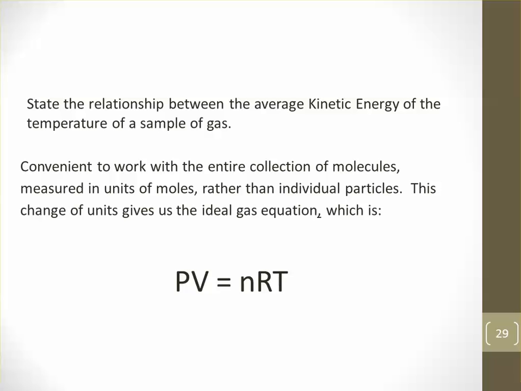It's convenient to work with entire collections of molecules, so instead of working with a single molecule like helium, we're going to work with collections of molecules measured in moles. Moles is the small n that we see below us, and Boltzmann's constant is going to change into something called the gas constant.